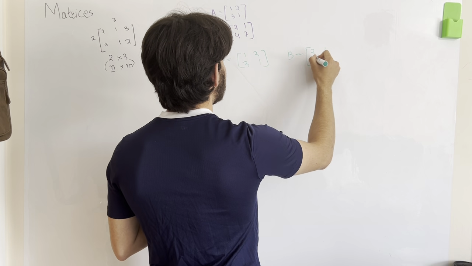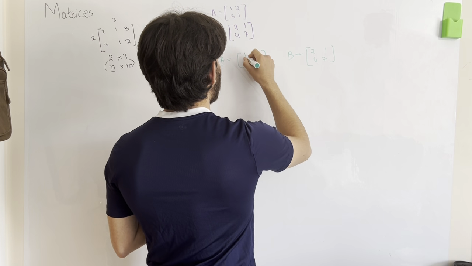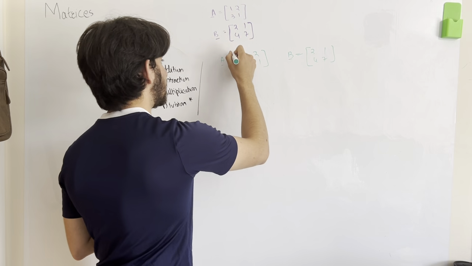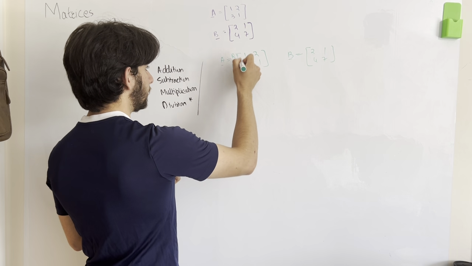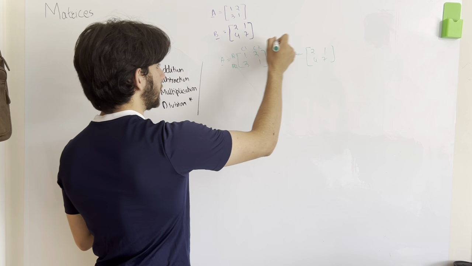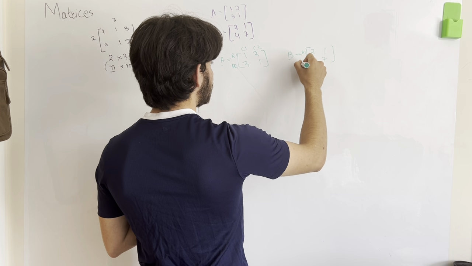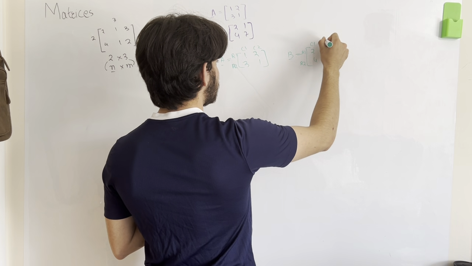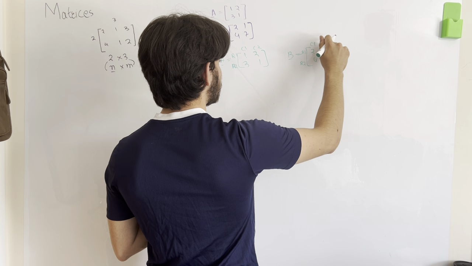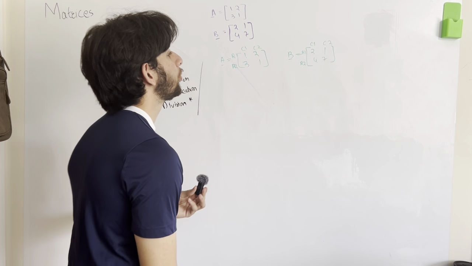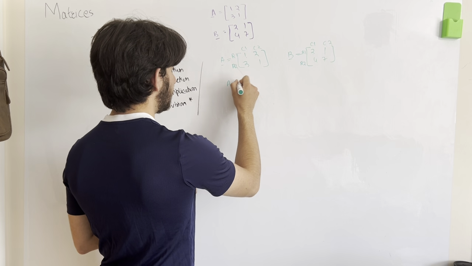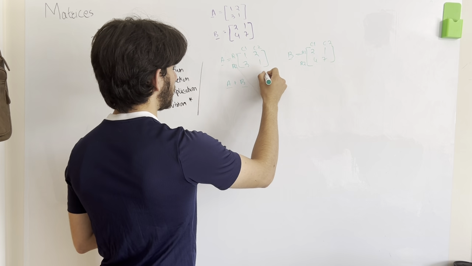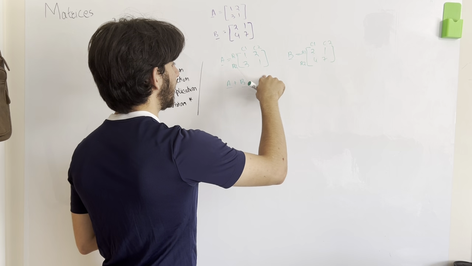You just add 1 to 2. So if I give these labels, this is row 1, row 2, column 1, column 2, I'm just going to be looking at my final matrix, which is going to be A plus B, which is also going to be 2 by 2. It isn't suddenly going to gain a row, is it?